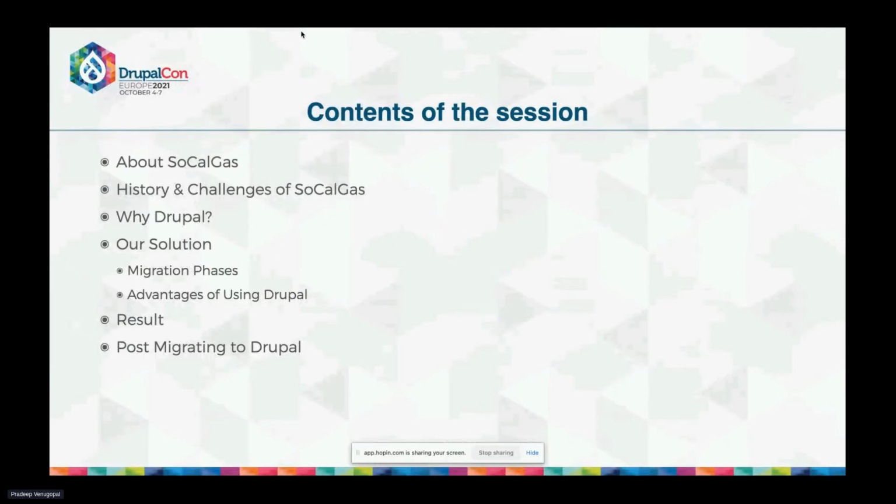Then we talk about the solution, the whole migration approach, what we used and how we did it, followed by the outcome: what we achieved after doing the migration. Finally, after completing the migration, how we are currently using Drupal for the current use cases. Yeah, so this is the whole topic of this particular session. I'll hand it over to Ariel to give us more details or context on SoCalGas.